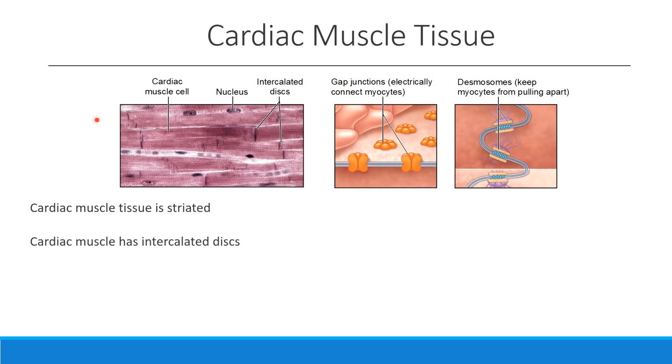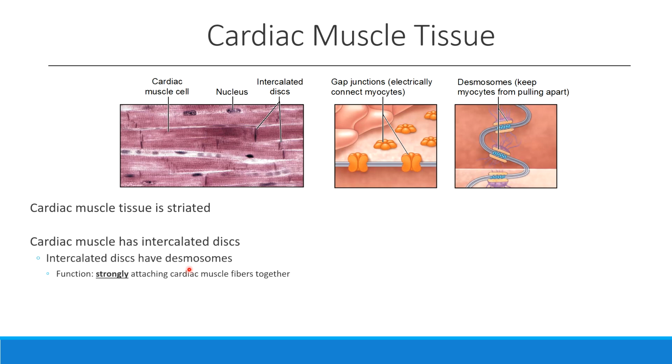One of those differences are what we call intercalated discs. So intercalated discs, these dark bands that we see throughout cardiac muscle tissue, have two different kinds of structures in them that are unique to cardiac muscle. The first structure that we see in these intercalated discs are desmosomes.